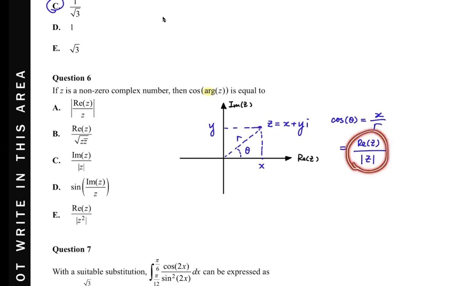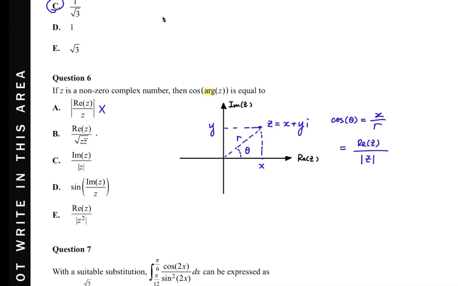So now I'm using this to match each option and see which option is appropriate. The first one is absolute value of real z over absolute value of z. But if the complex number z is in the second quadrant, or let's say in the third quadrant, real z could be negative. So we can't let the absolute value get only positive values here. So I'm going to cross that one out.